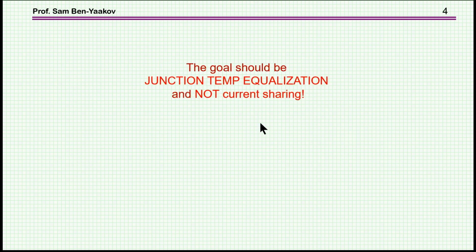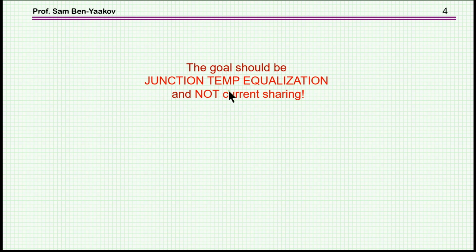It is very important to realize that current sharing despite the notion is not the goal. This is not what is important. What is important is to have an equal junction temperature between the devices, because this is the limiting factor of a device. As the power goes up, the temperature of the junction goes up, and you would like all the devices to be at the same temperature.